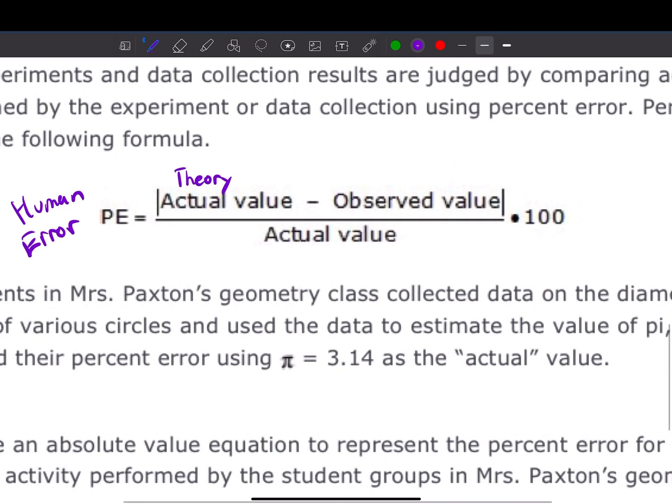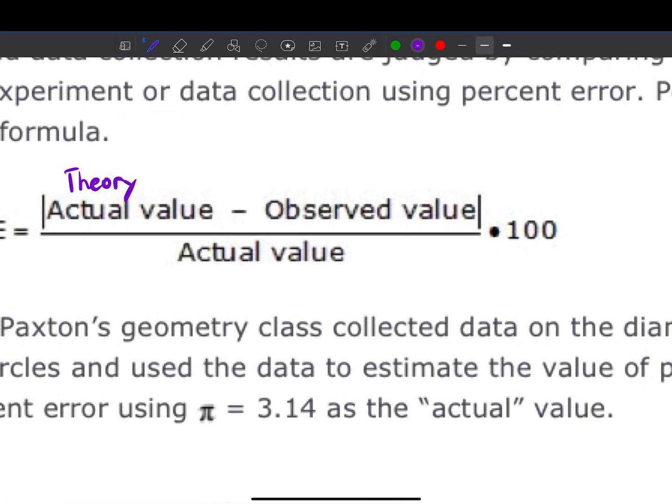But in reality, the observed value, if you observed the length of that board, or measured it, or did an experiment and then measured it, this is called the experimental value, the measured value, the observed value. If you actually did the measuring and pulled out a ruler, it might be, instead of exactly 12 inches long, 12.2 inches long.